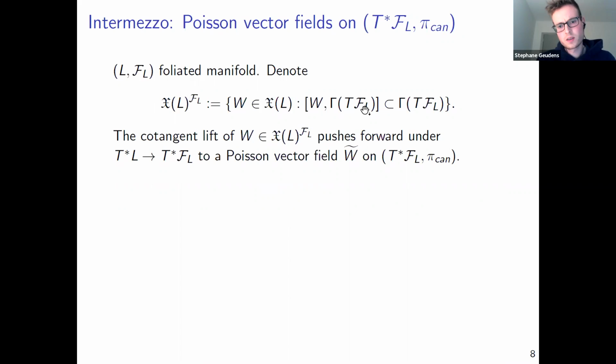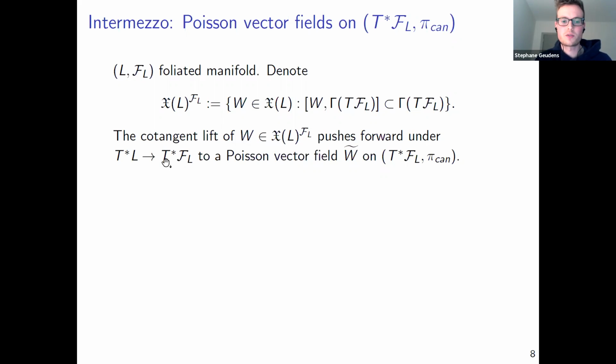And these vector fields have the property that they can be lifted to D star FL. Because for such a vector field on L, you can take the cotangent lift, which lives on T star L. And actually, the push forward under the restriction map is well defined.